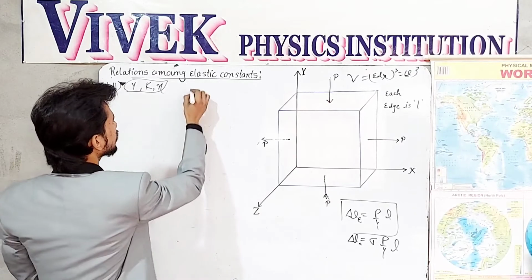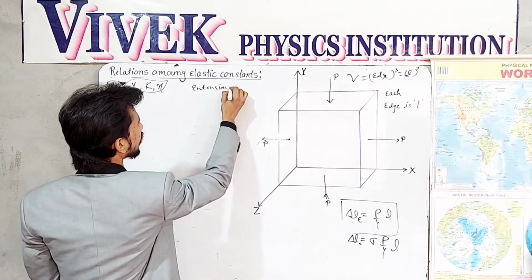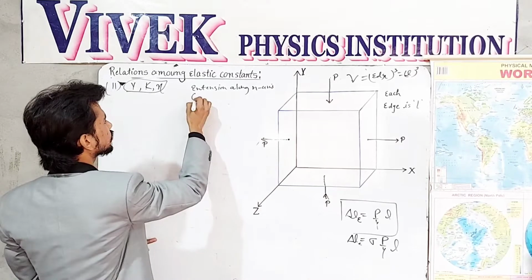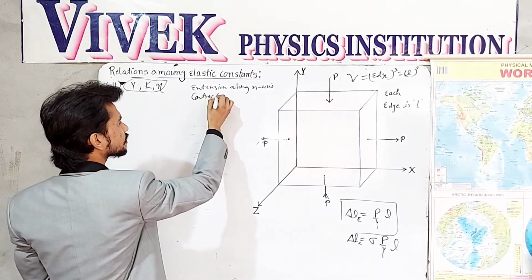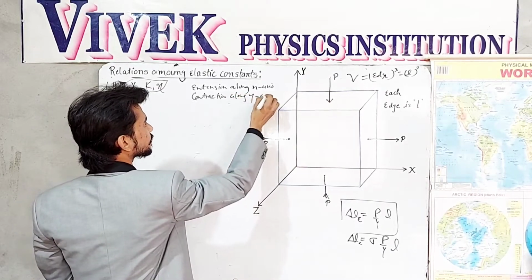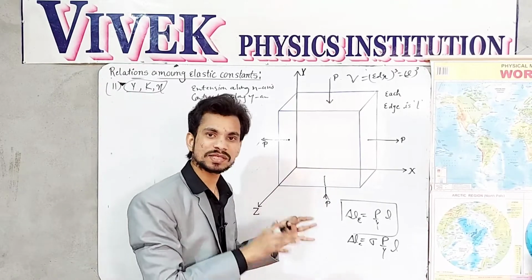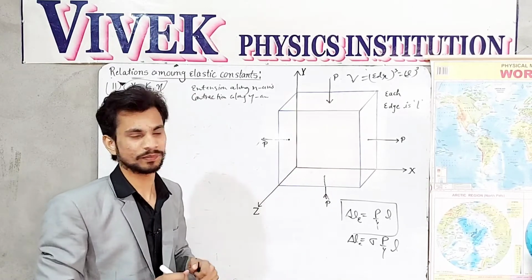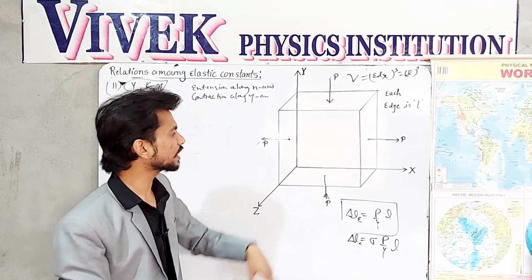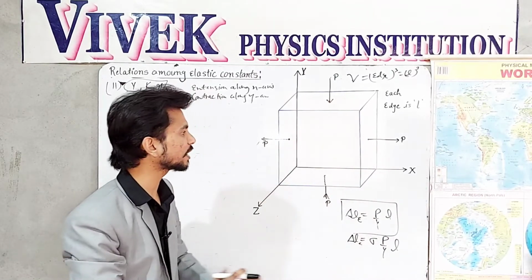So in actual there is extension along the x-axis and a contraction or compression along the y-axis. There is no extension or compression along the z-axis. This is the particular case we are taking. You can easily see that I have not shown any normal stress along the z-axis. It is free of any type of normal stress.